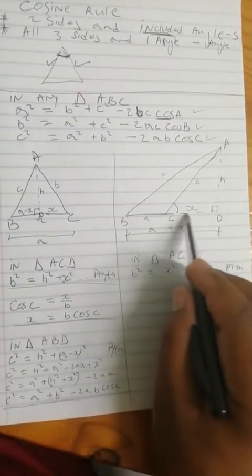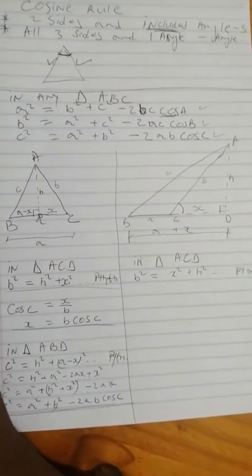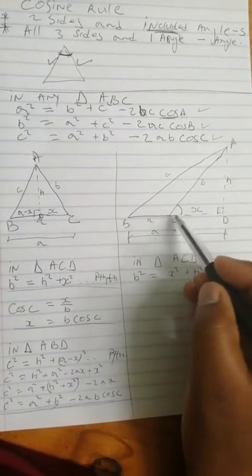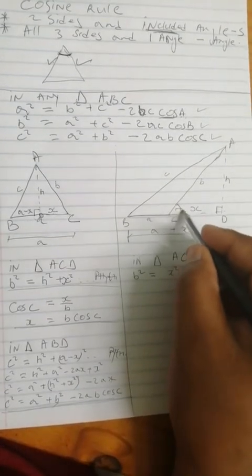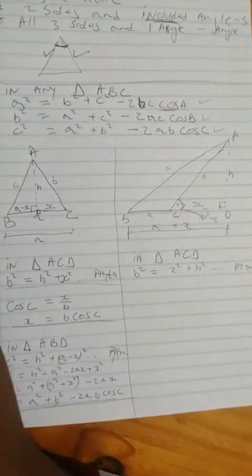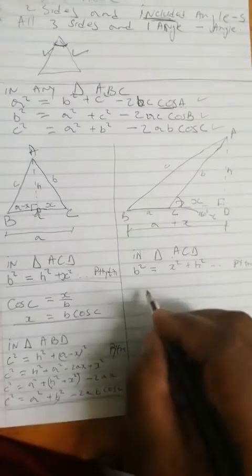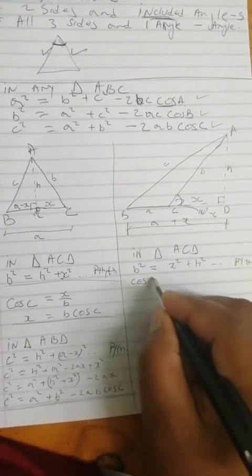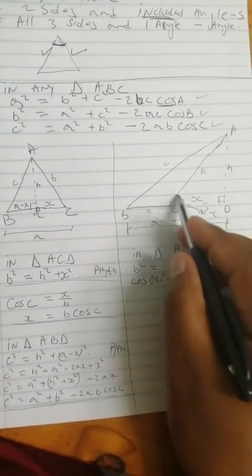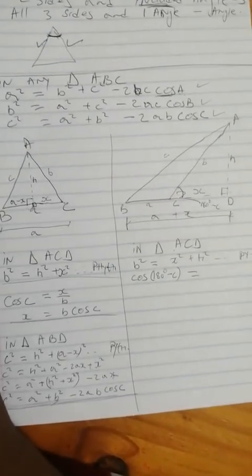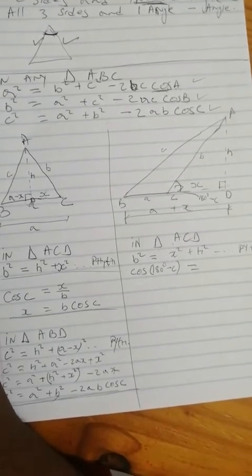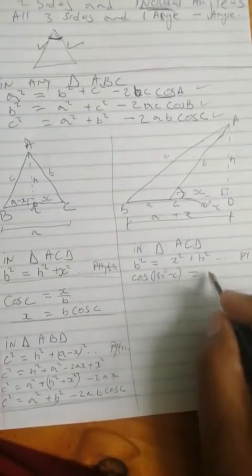Since this is a straight line, this angle on this side should be 180 degrees minus C. So we are looking for cos of 180 degrees minus C. Remember, cos is adjacent over hypotenuse, so it will be x over b.